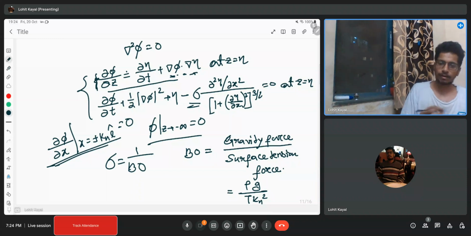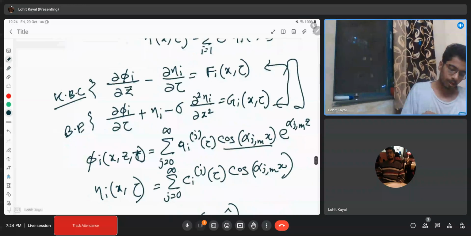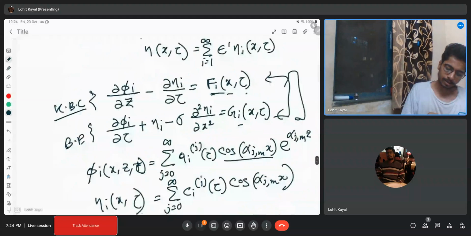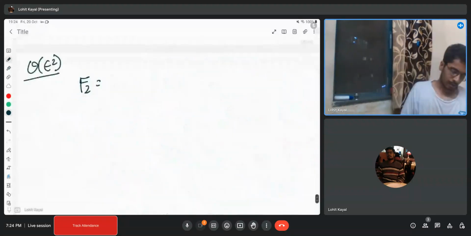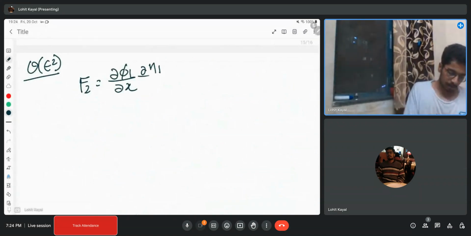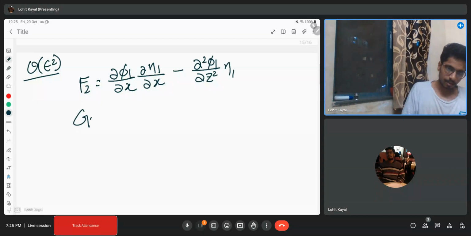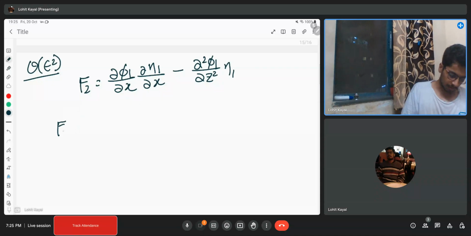It will be ∂φ1/∂x into ∂η1/∂x, right? And now we are pushing this nonlinear term to the other side, so the sign will change accordingly. Okay, so this is the whole idea. So f2 will be ∂φ1/∂x ∂η1/∂x minus ∂²φ1/∂z² η1.